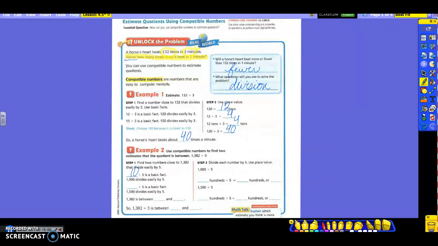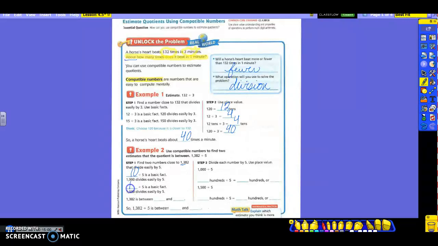The 2 zeros, because I have what kind of number over here? 1,000. So basically what I'm doing here is I'm looking at the 13. Okay? Is that something I can divide by 5 and get an even number? No, but 10 is below that, and it can be divided by 5 evenly. And then what's above that can be divided by 5 evenly?